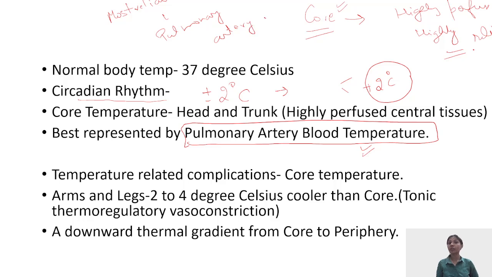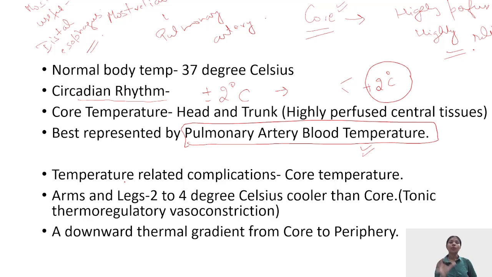But the second, which could be the most useful or the most commonly used, is your distal esophagus, because pulmonary artery blood temperature monitoring is quite invasive. So the most commonly done is your distal esophagus.